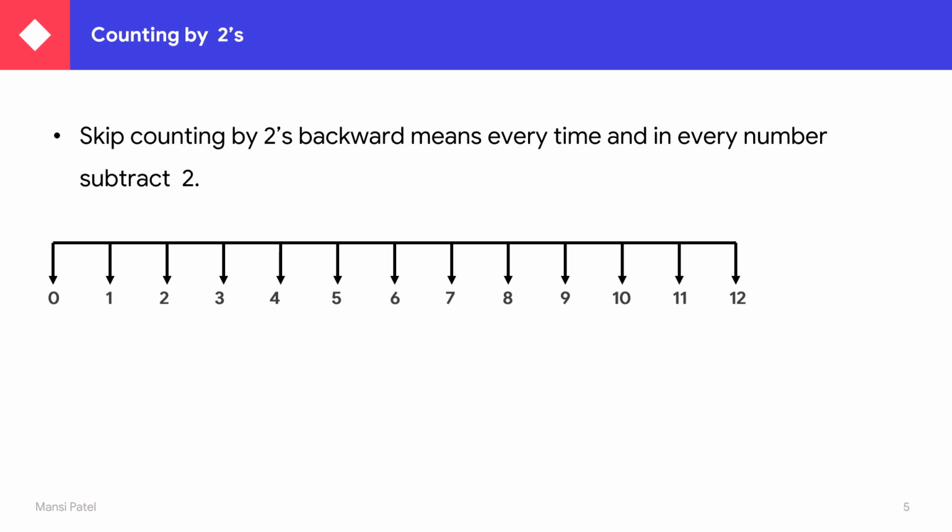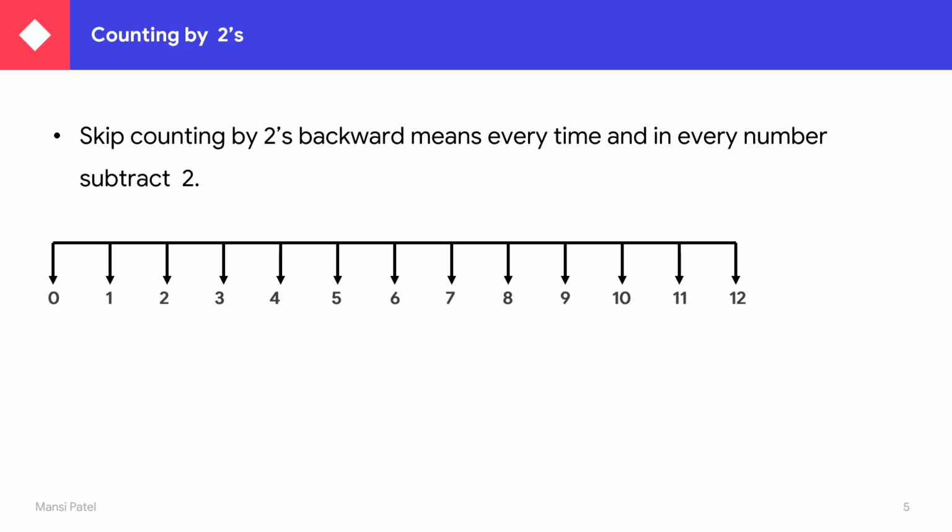Let us see this with the help of one example. Here is one number line for you, and in this number line 0 to 12 numbers are there, and we are drawing this number line for skipping 2, but this skipping 2 is for backward.